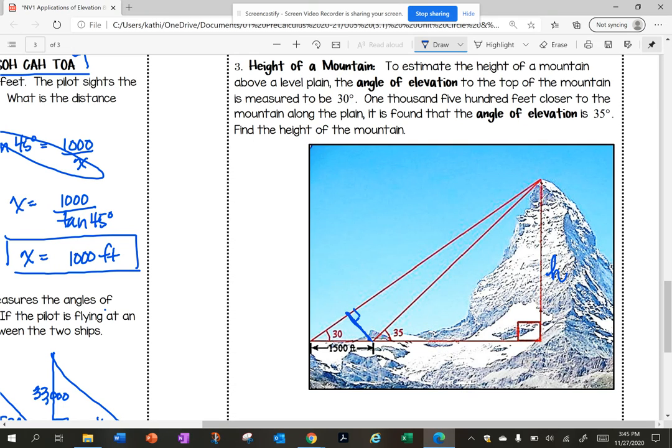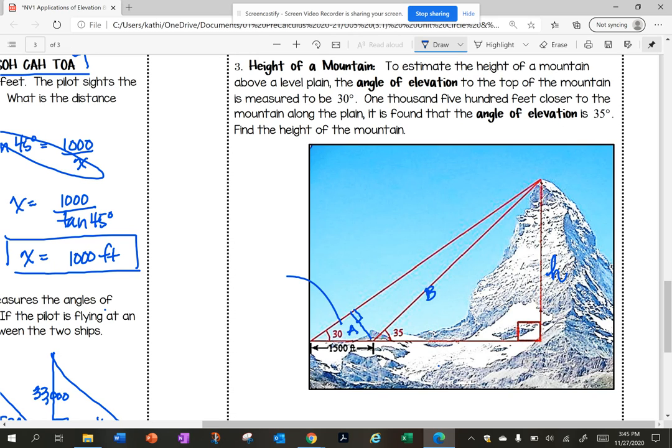By doing this, I can solve for this side that I just drew in first. Then I can solve for the hypotenuse of this triangle. And once I know the hypotenuse of the triangle I drew in along with the 35 degrees, then I can find the height of the mountain.